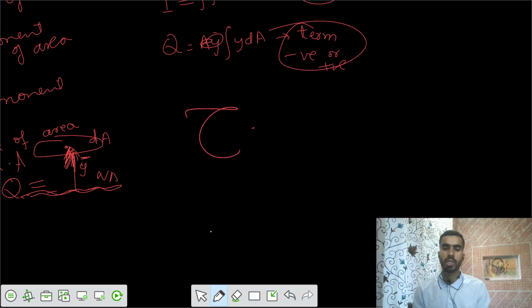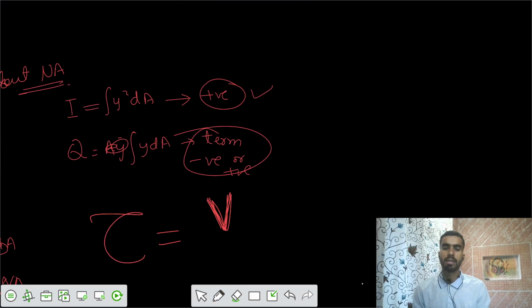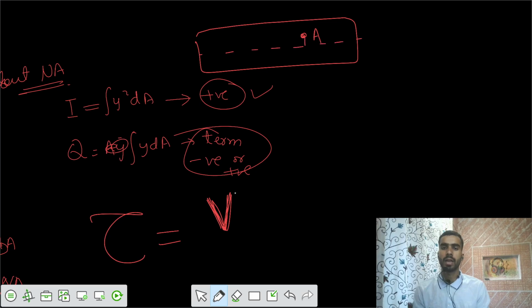The final equation: shear stress in beams equals the shear force at that cross section. What is the shear force at that cross section where you are? Let's say we had a beam. You take any point A at a distance of y from the neutral axis.